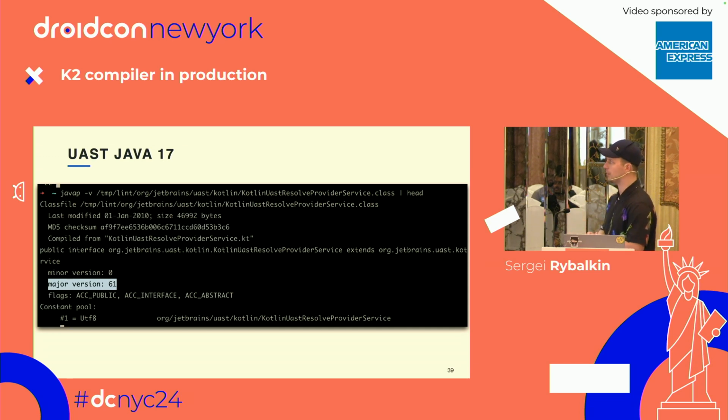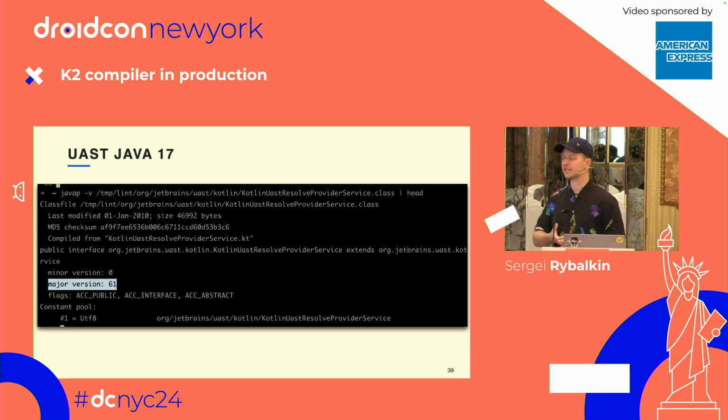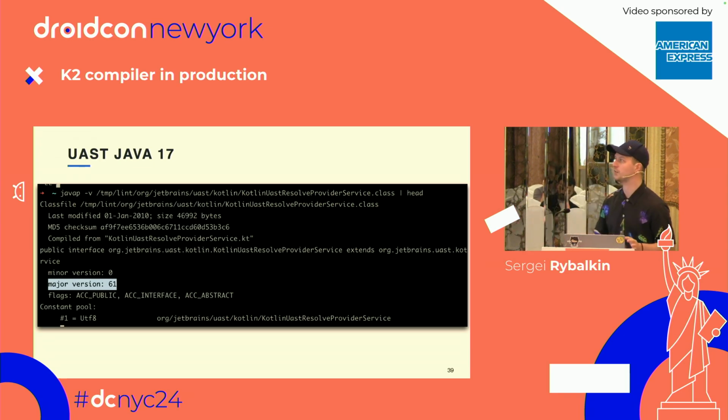All the AndroidX that depended on the compiler was shipping with Java 17 and bytecode version 61 at the time. So we had to take a deep breath and ship Java 17 support everywhere in our ecosystem, which took probably another 3 to 4 months. It was quite an exercise.